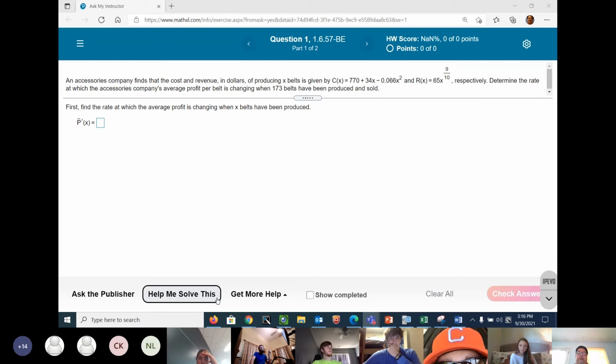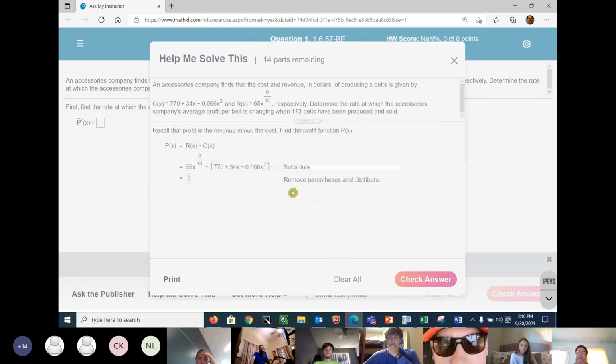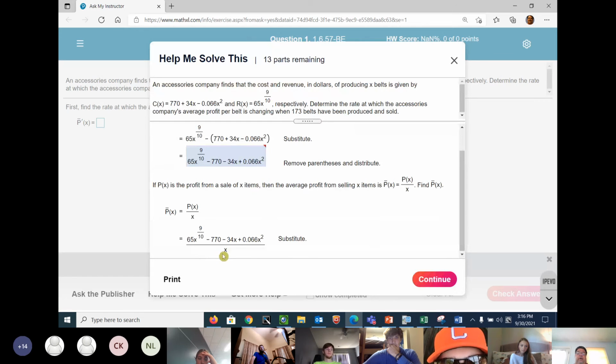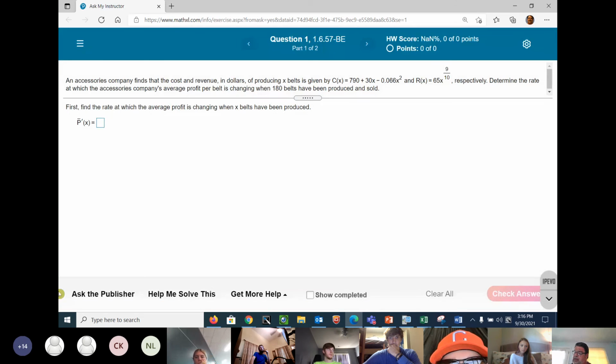So I'm thinking they're dividing by X after they find it. I'm just making sure because I don't want to do the problem totally wrong. And they are dividing by X. So I wanted to make sure of that. So I'm going to divide by X to get P hat of X, which is called the average.